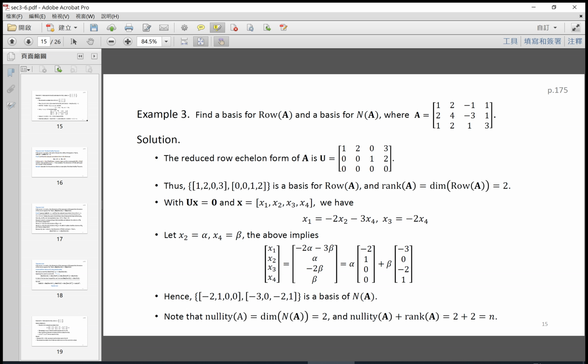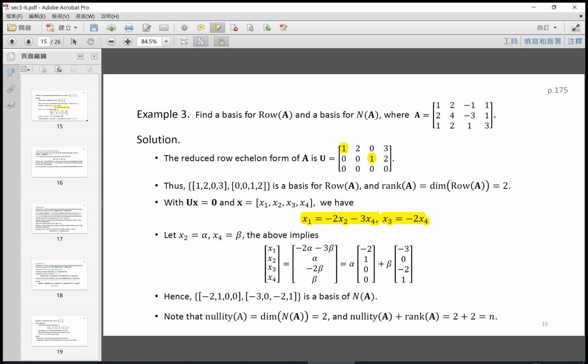In this example, the reduced row echelon form of A is U. We know rank A is 2, and therefore there are two non-zero rows in U, corresponding to two lead variables. The two lead variables correspond to two equations.